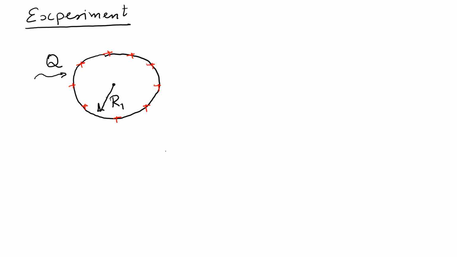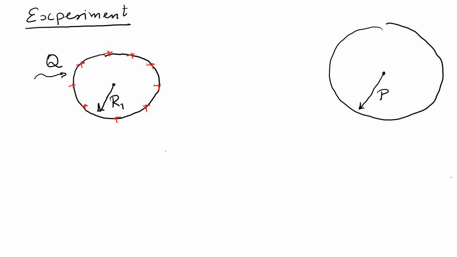Sitting next, but very far away, so that the electric fields of each other are zero around them, or approaching zero around them. There is another sphere, conducting sphere of radius r2, and I've just assumed r2 is greater than r1.